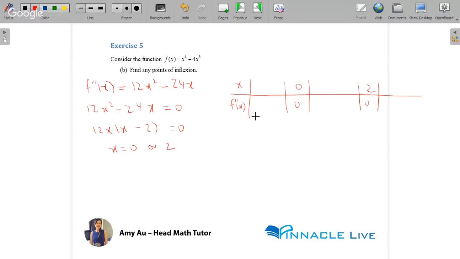All right, so numbers I would probably test are -1, 1, and 3. Very quickly, just putting that into the calculator. The first one is 36.